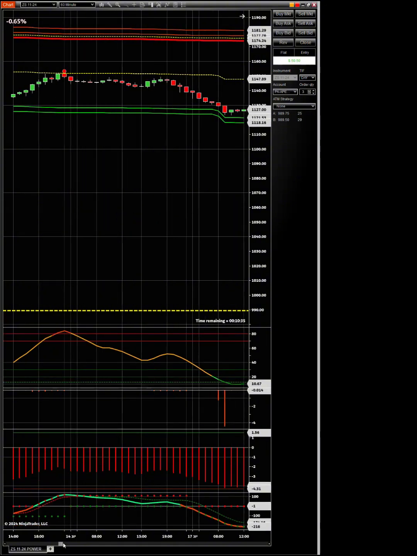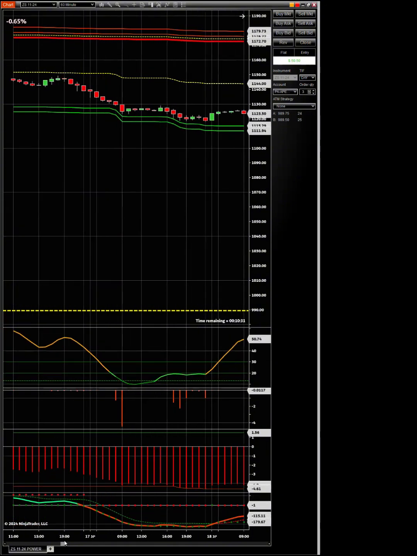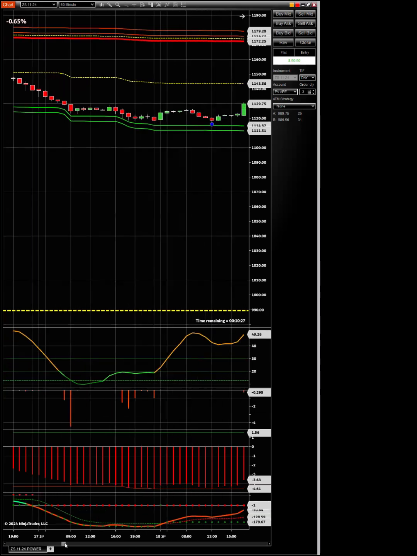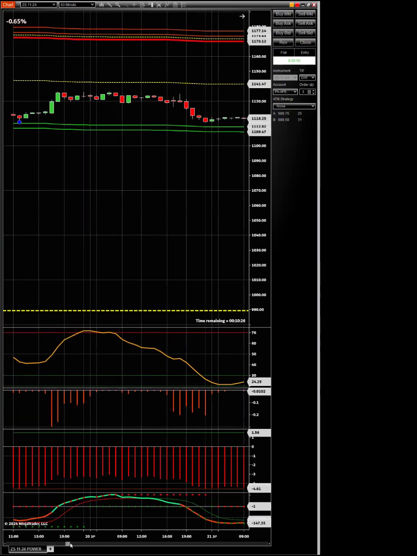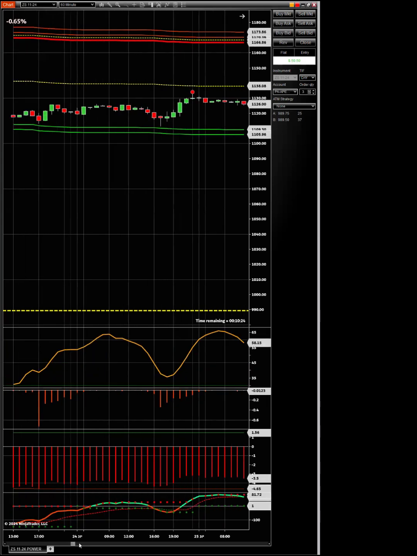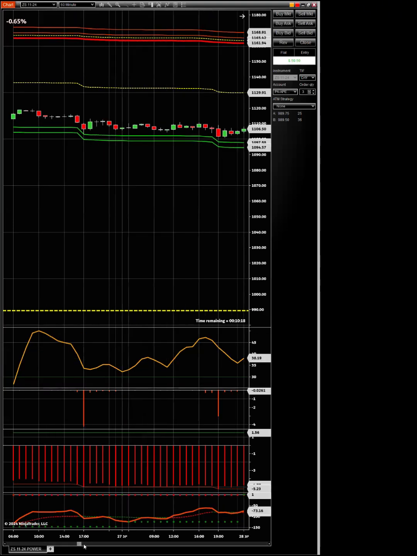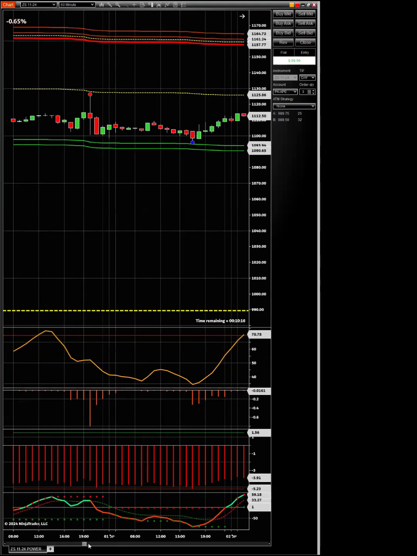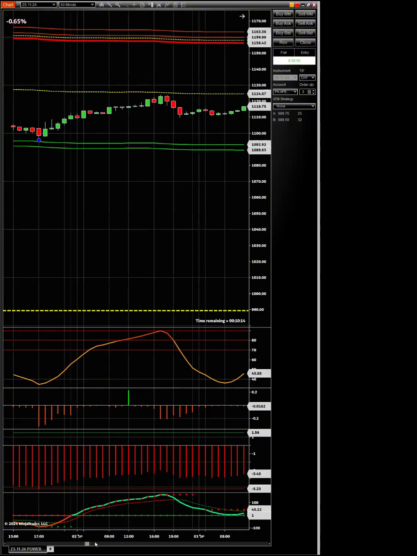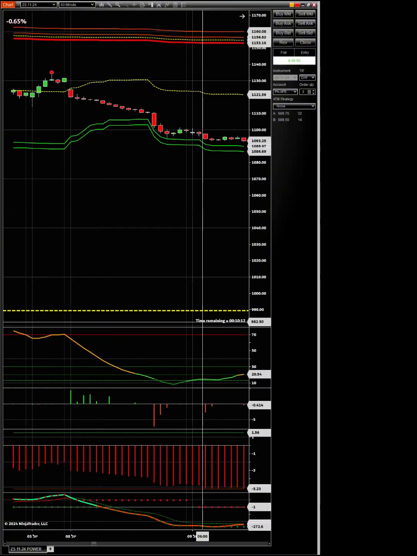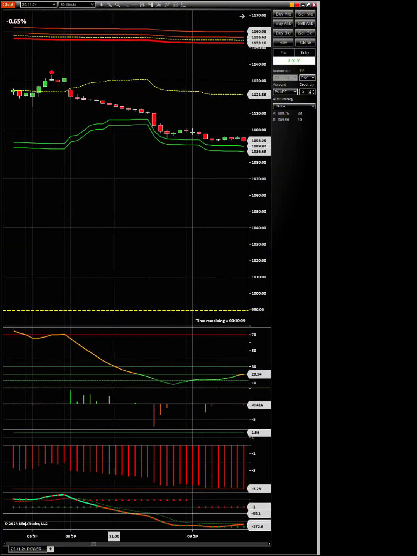You can see every time it touches the bands, it goes up and opposite. See here, here, here. You have many examples of how it works. So we just need to wait for the candle to reach the band. You just need to be patient.